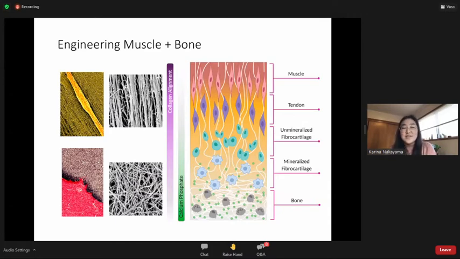So it takes a more complicated approach to engineer more complicated tissue. What we've been working on recently is engineering both muscle and bone with vasculature and nerves at the same time. That's the current work that several of my grad students are working on, and we're excited about some of our preliminary findings there.